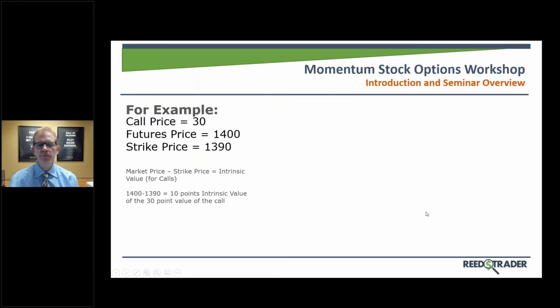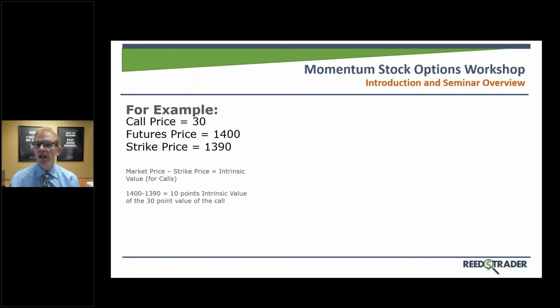Okay. So, for example, we look at a call, and a call has a price of 30 points. And we're looking at a futures price of $1,400. So the call price is $30, the futures price is $1,400, and now we're looking at a strike price. The strike price is the price that you have the option to purchase at. So if you exercise your call, you'll be buying this future at $1,390.